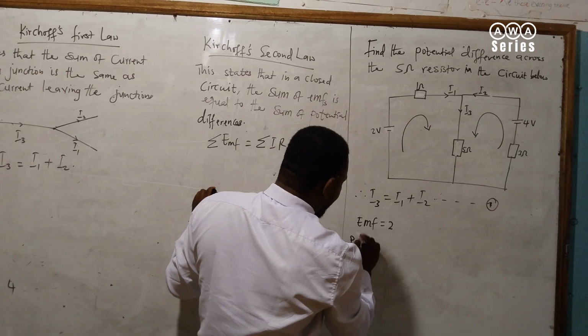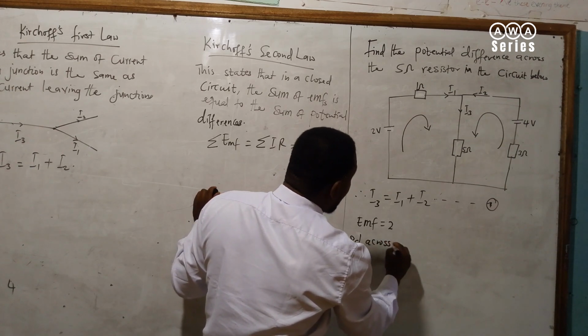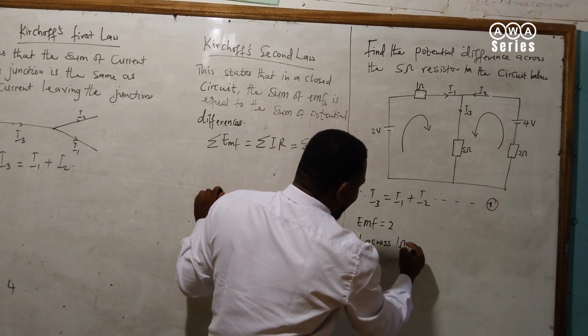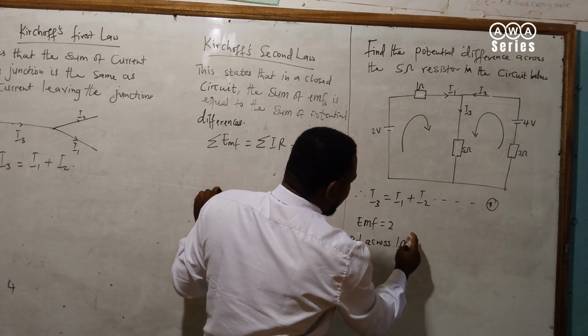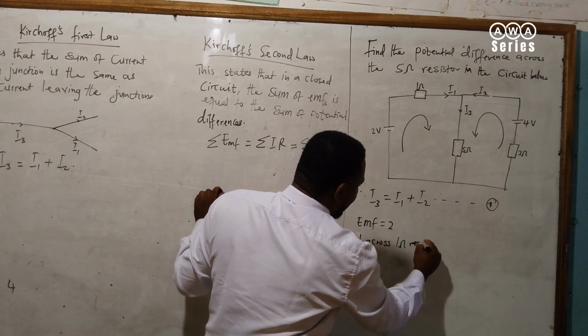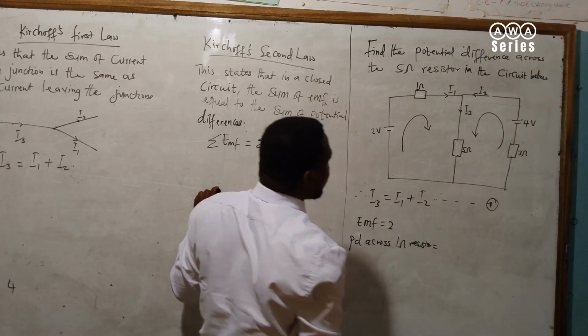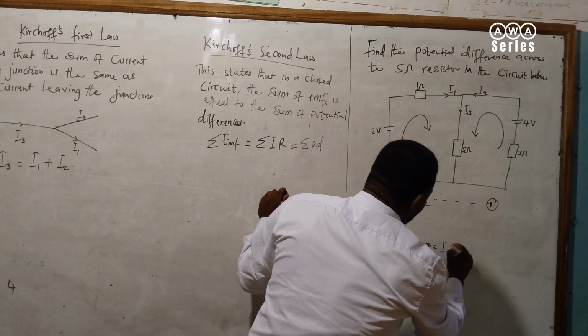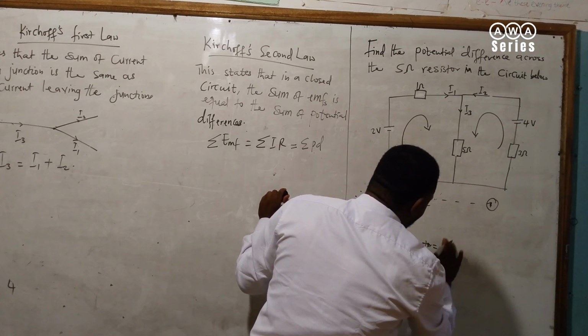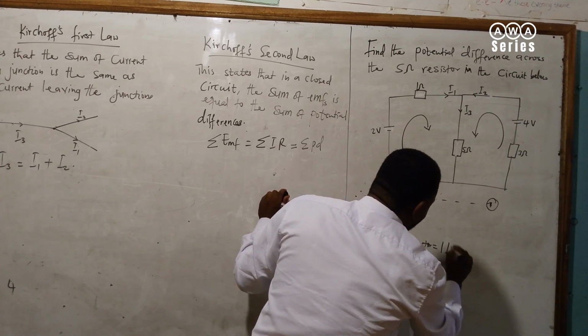The potential difference across the 1 ohm resistor is 1 times I1.